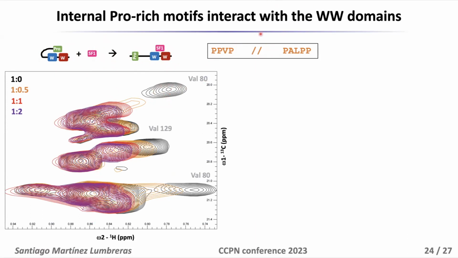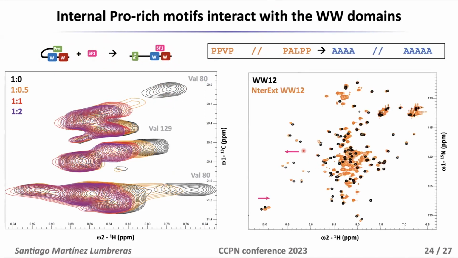We confirmed that these two motifs are the ones that are interacting by mutating them to alanine, and those shifts that we observed when we extended the tandem N-terminally are now coming back when we mutate the two motifs in the same construct.